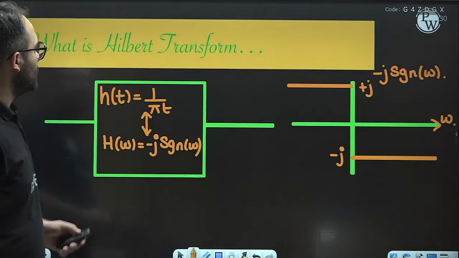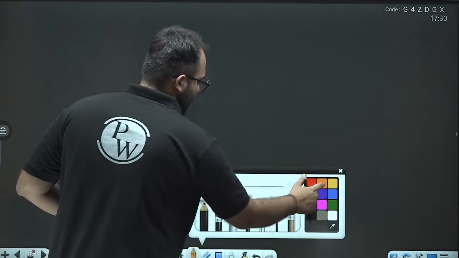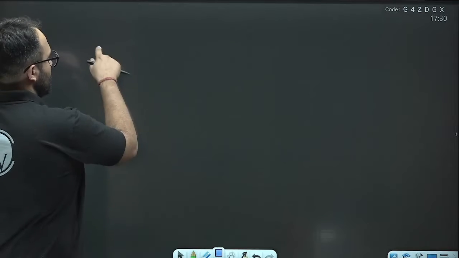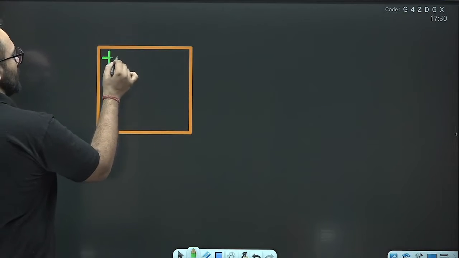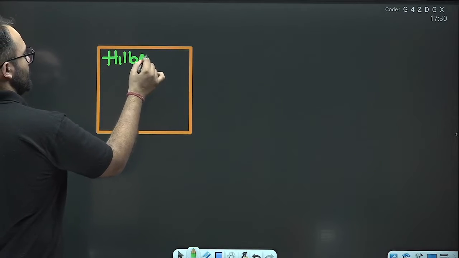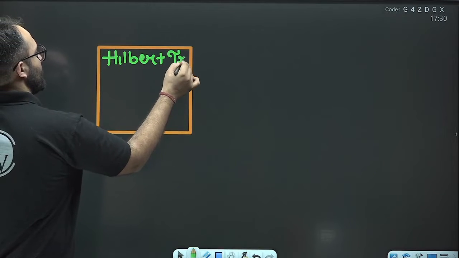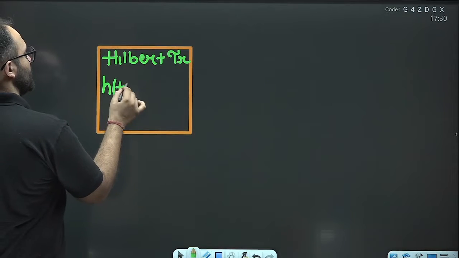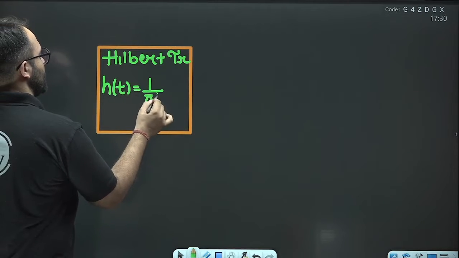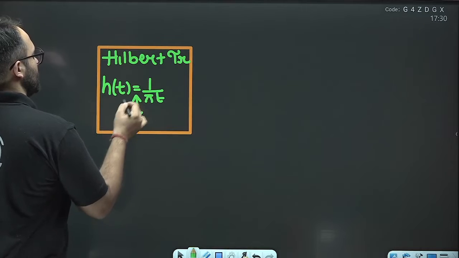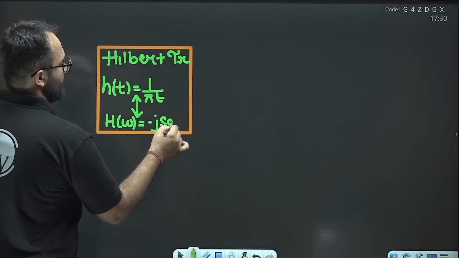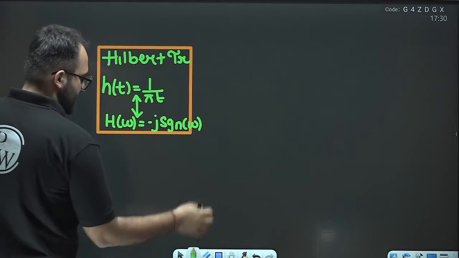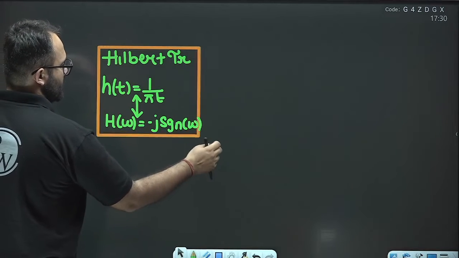Now, before moving ahead, one very important concept of Hilbert transform. Suppose this is the Hilbert transform. The impulse response is 1 upon pi t and H(omega) will be minus j signum omega. I hope you remember this.